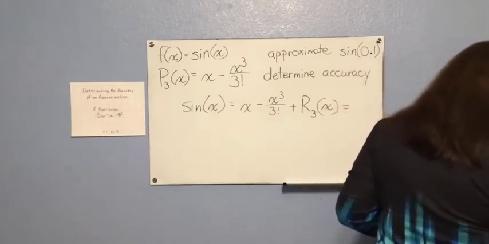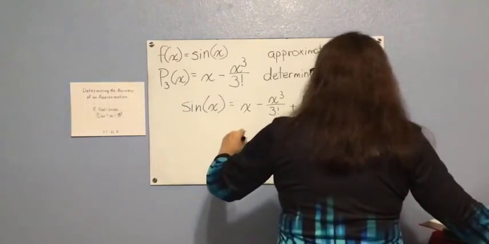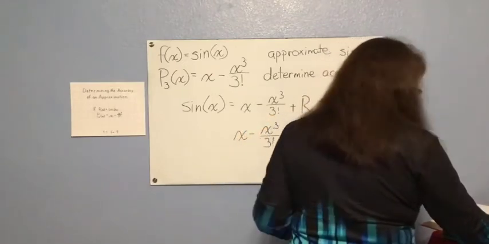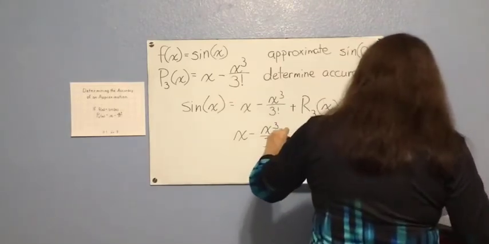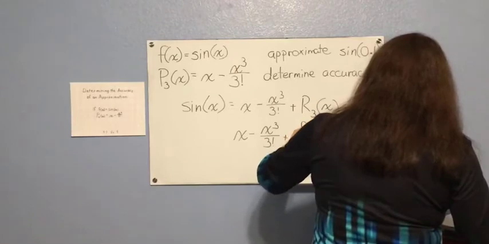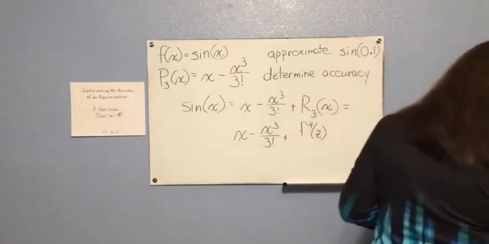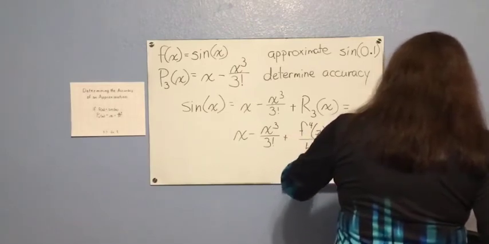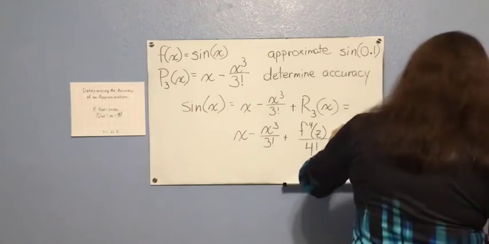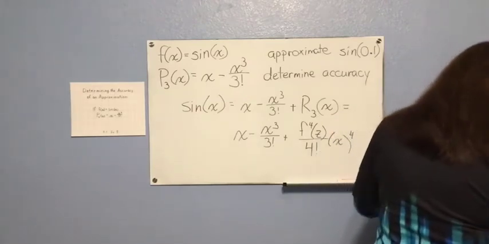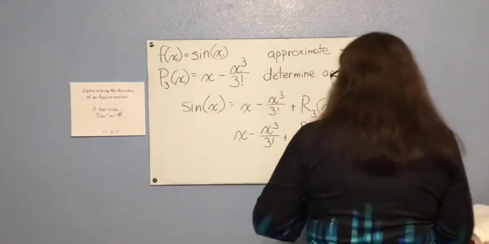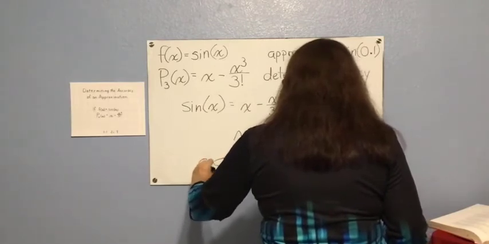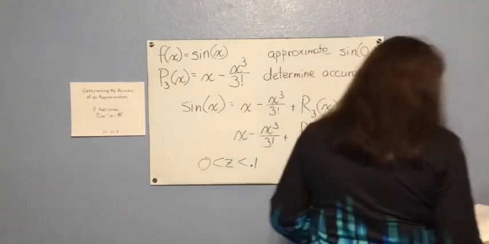So we can rewrite that as x minus x cubed over 3 factorial plus the fourth derivative of f of z over 4 factorial times x to the fourth. And this is for z in between 0 and 0.1.